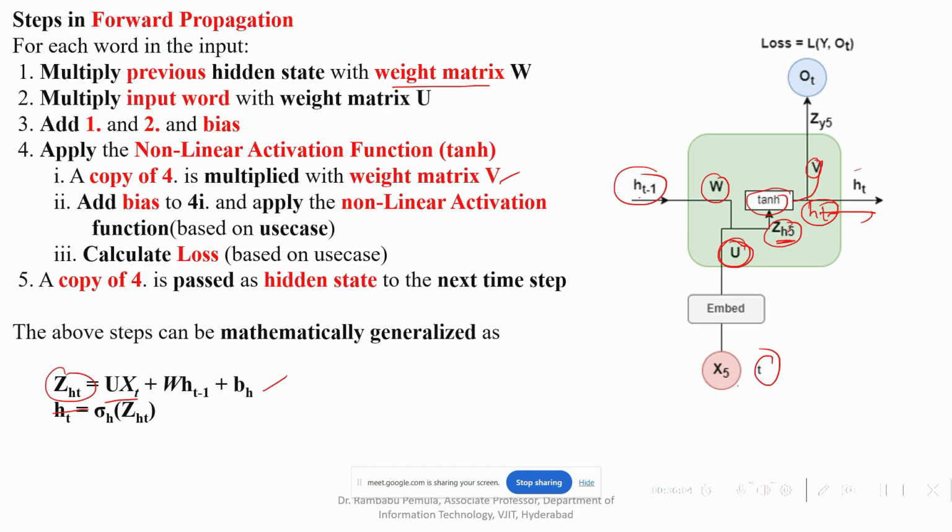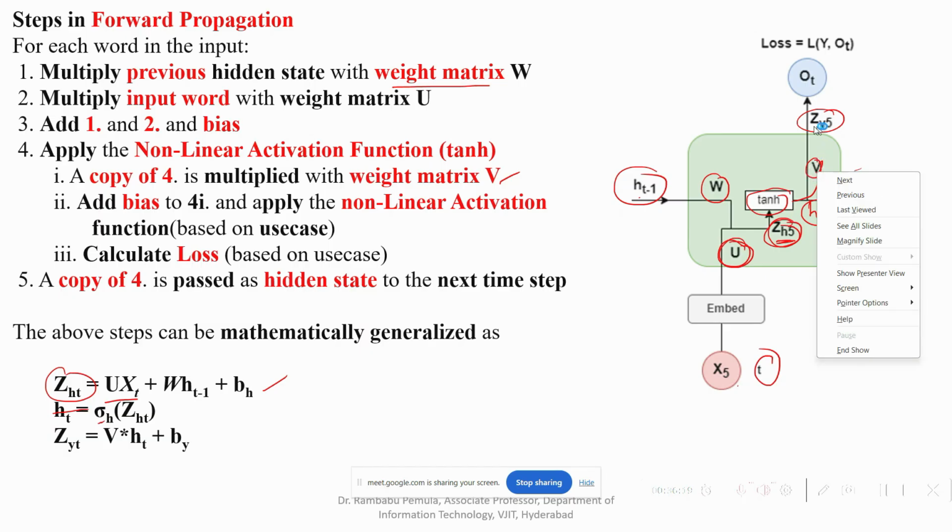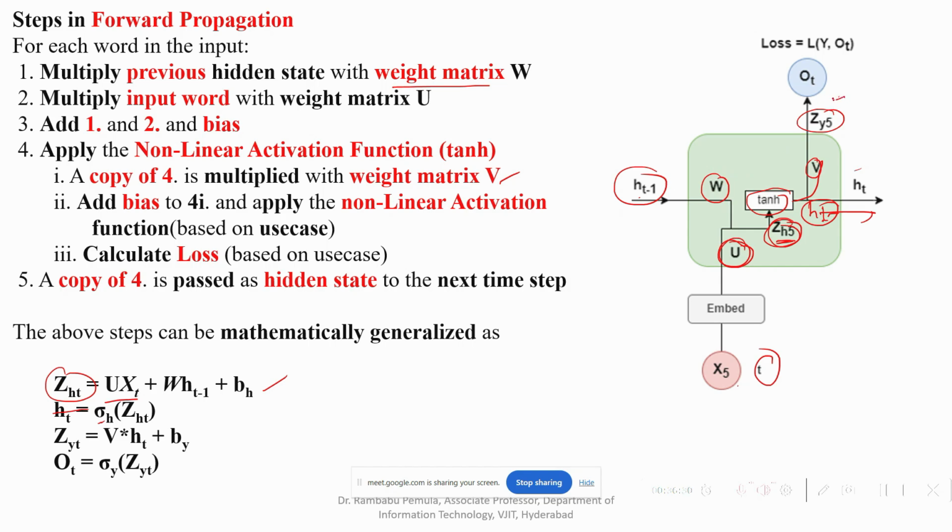Whatever ZHT is, it is given to sigma H, and sigma H is nothing but tanh only. Then we get ZYT. ZYT is nothing but HT multiplied by V, and we add the bias term, and that is given as ZYT. Then once again we get OT. OT is nothing but sigma Y of ZYT.